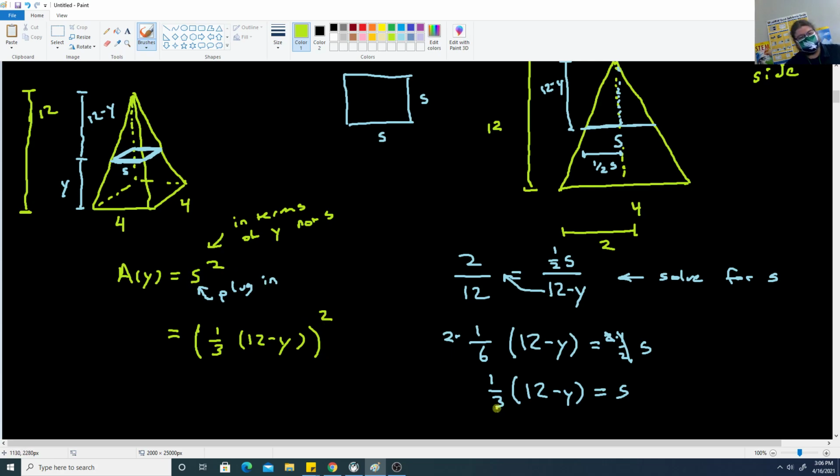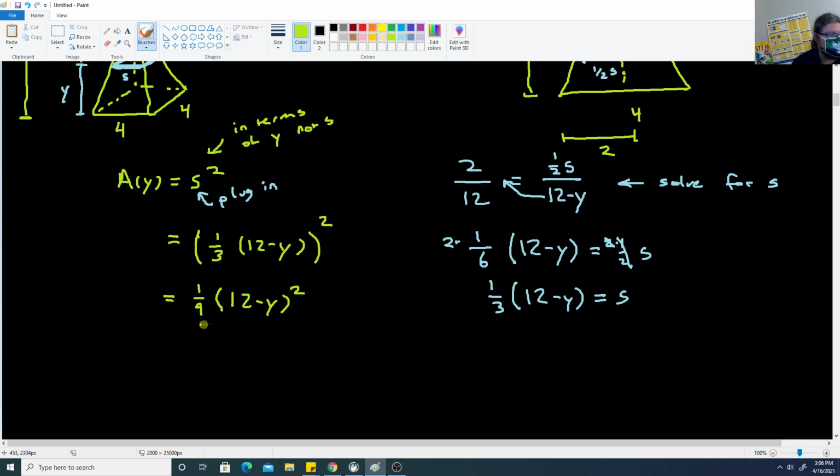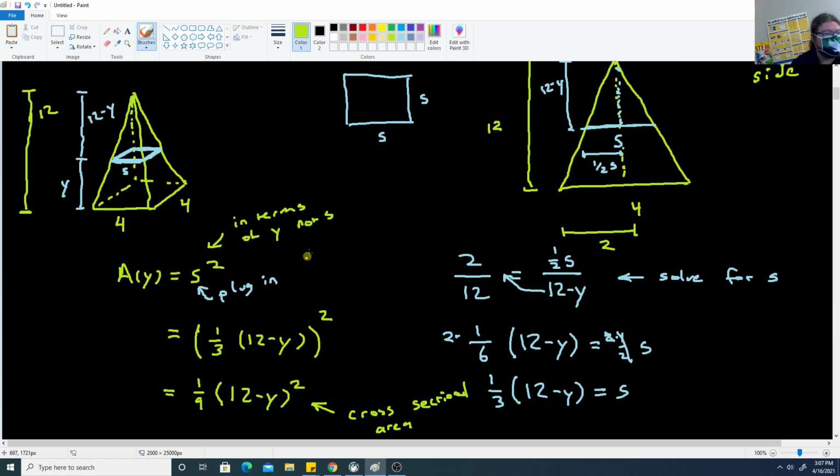So instead of s squared, if s is 1/3 times 12 minus y, I get 1/3 times 12 minus y, whole bit squared. 1/3 squared is 1/9, and I guess we could just write the rest as 12 minus y squared like that. This is our cross-sectional area. So we found our cross-sectional area, and this is what we're going to be integrating with respect to y.